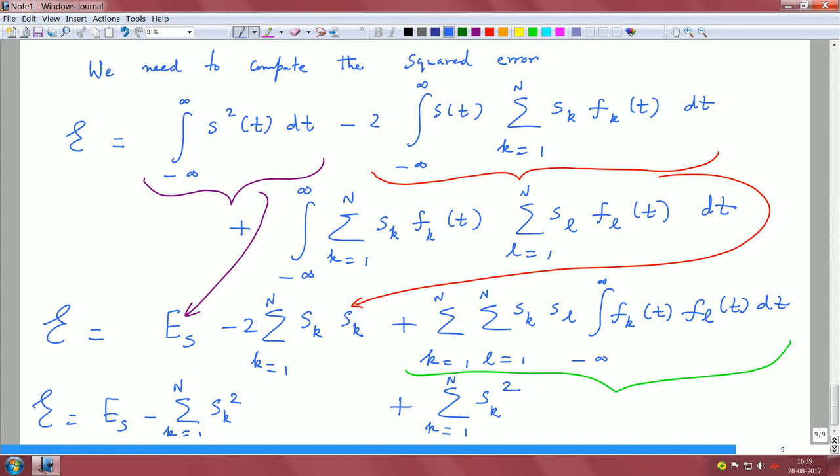You have to ponder about it at this moment as to why this result is interesting. If you had the signals f_1(t), f_2(t), f_3(t), and so on, and we said they are mutually orthogonal and orthonormal, it is an orthonormal basis.